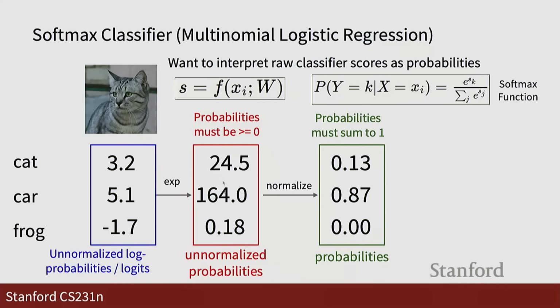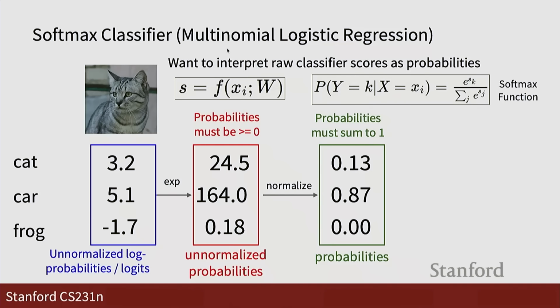If you've taken other machine learning courses, or in other fields you've used logistic regression, this is a similar type of framework. This is the exact same framework as logistic regression. And since we have multiple classes here, it's a multinomial logistic regression.